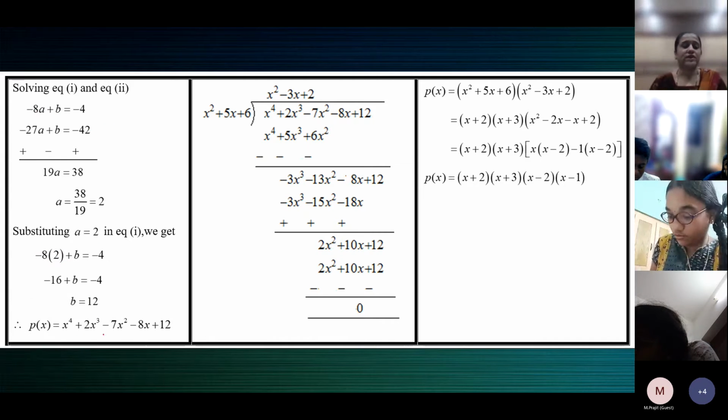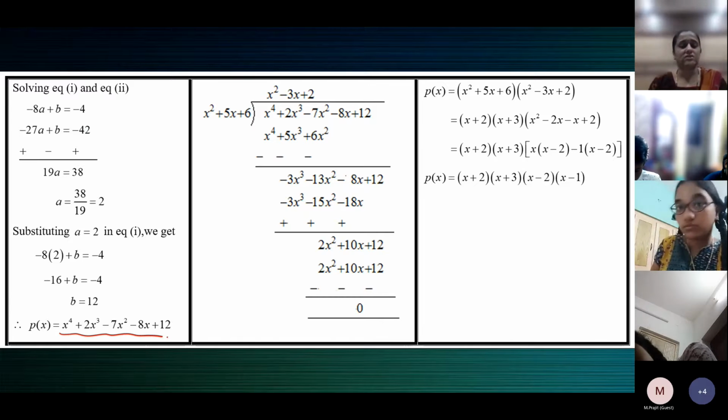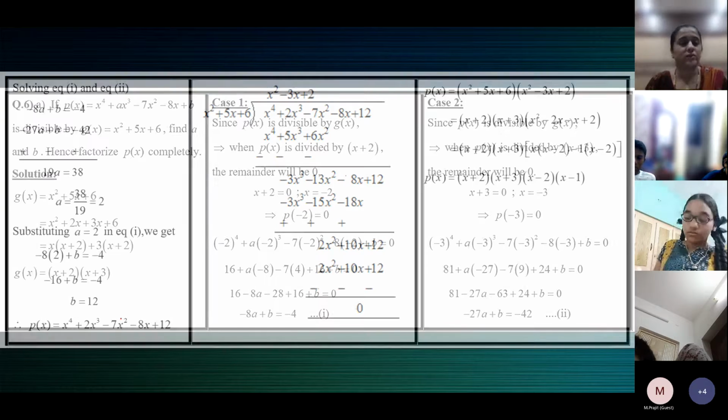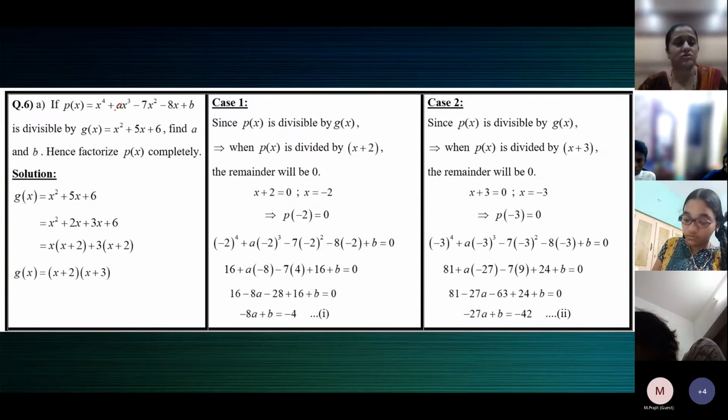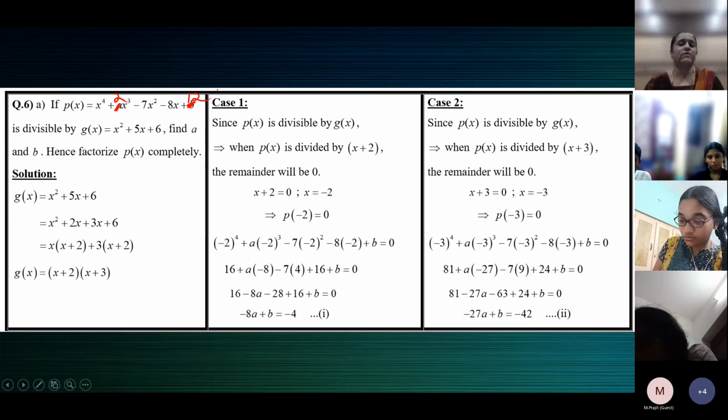So we found the values of a and b. Now construct the polynomial. a is 2 and b is 12. This is the polynomial.